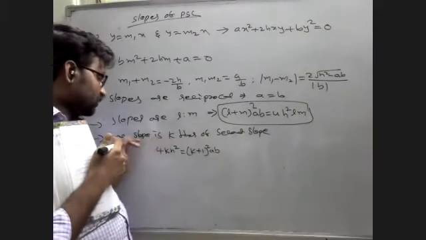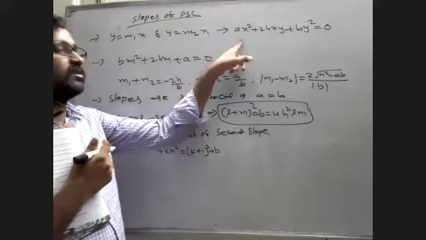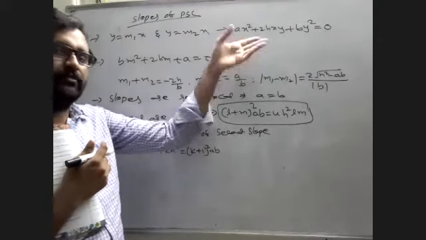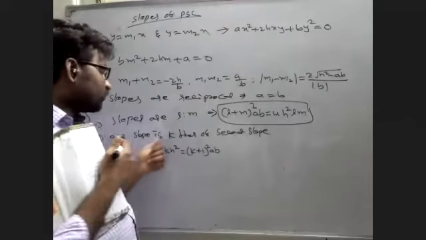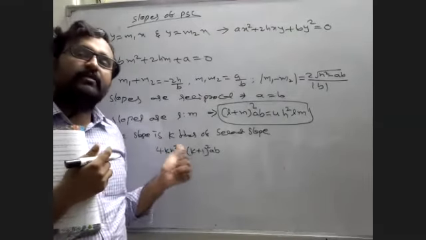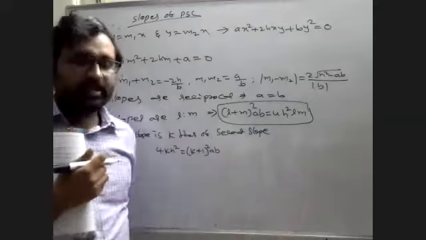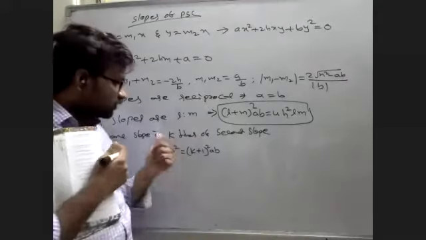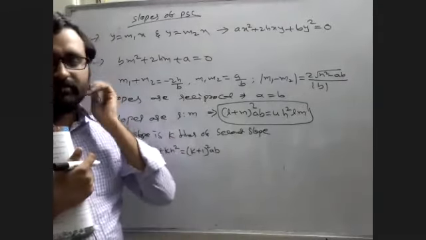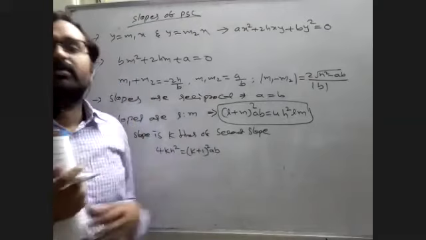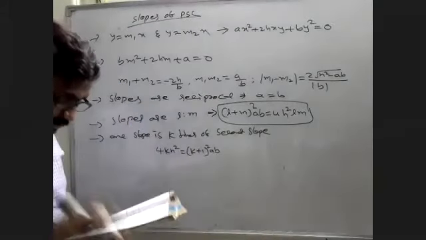If you are asked a question, for some pair of lines, and the slope of one line is 2 times the second slope, so K equals 2. Then substitute the K value in this condition, and you will get the solution. Okay, so that is the process.